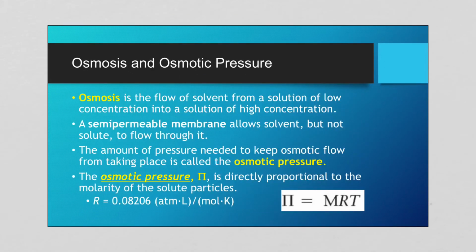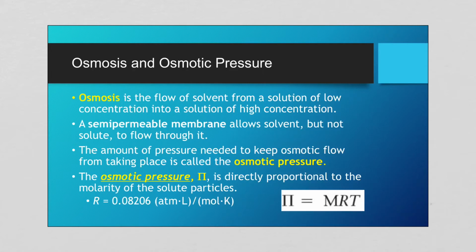Now, the last colligative property that I want to talk about is a bit more obscure, and this is called osmotic pressure. So this is related to osmosis, something that we talked about at the beginning of the chapter, where we have the flow of solvent from a solution of low concentration to a solution of higher concentration. And remember, the whole point of that is to try to equalize the concentration, that idea of spontaneous mixing.